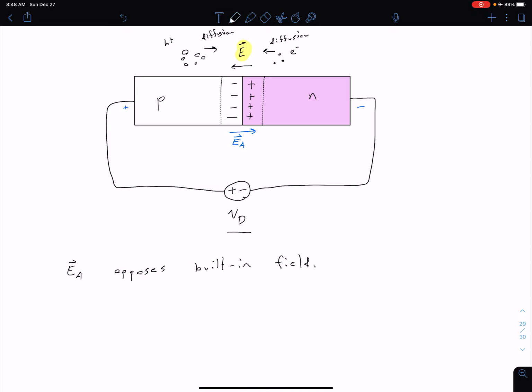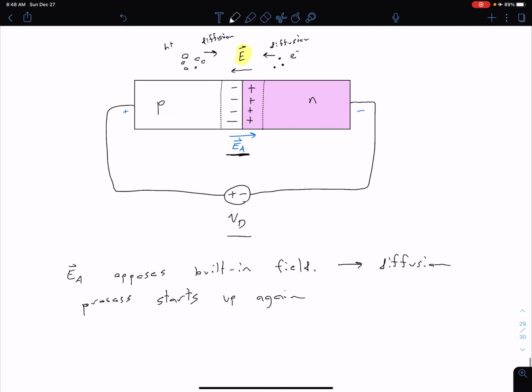Now that we have this applied field E sub A, it's reducing that built-in field, which means that our diffusion process can start up again. So electrons go from our N region to the P region, and holes go from our P region to the N region.